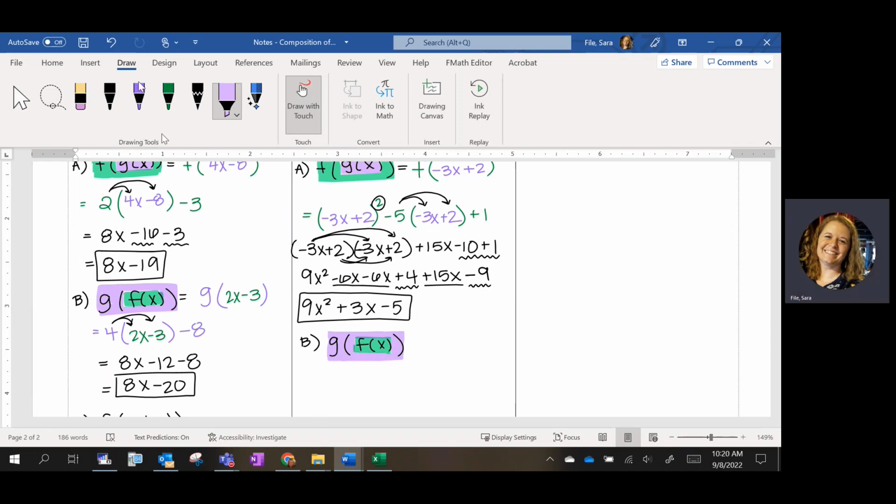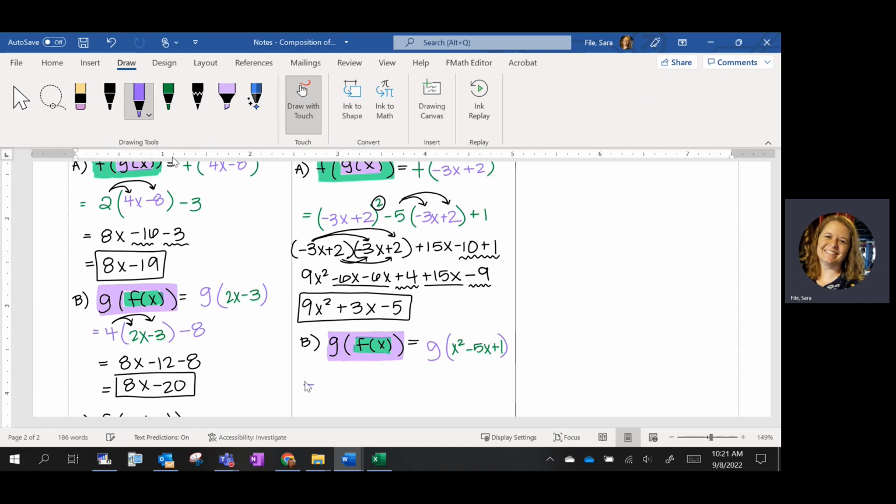Okay, so this time g is on the outside. And I'm going to input the f function, which is the quadratic, x squared minus 5x plus 1. So that's going to get input to the g function.